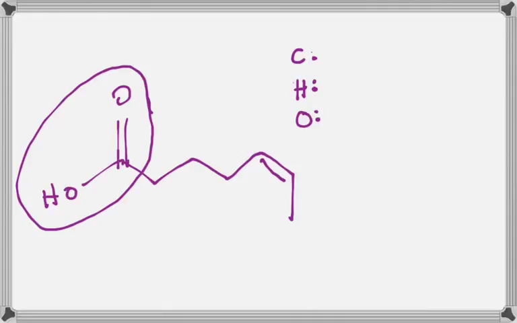Okay. This one, how many oxygens? That should be pretty self-explanatory. 2. Okay. How many carbons? What do we got? 1 here, 2, 3, 4, 5, 6, 7. Am I missing any? I think that's right. And then what about hydrogens?